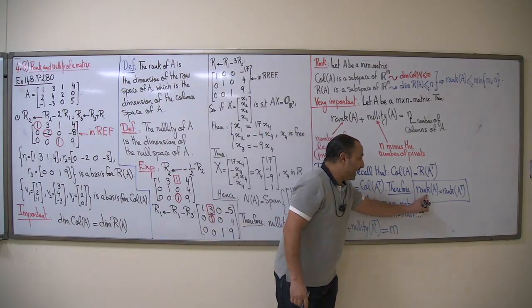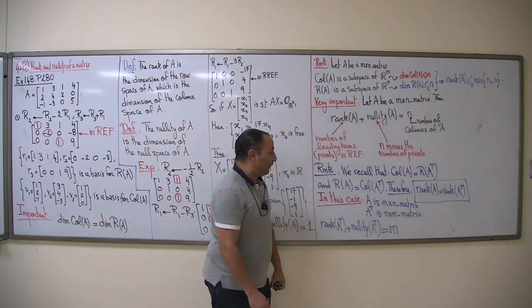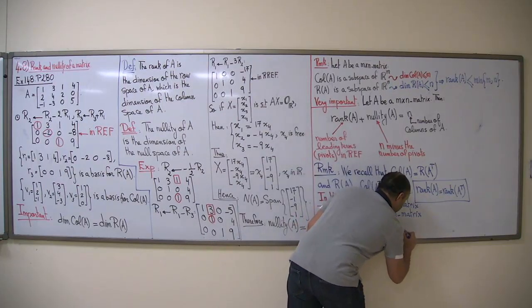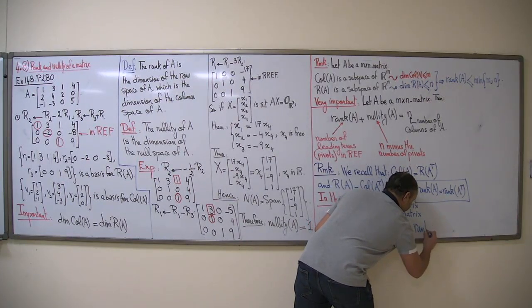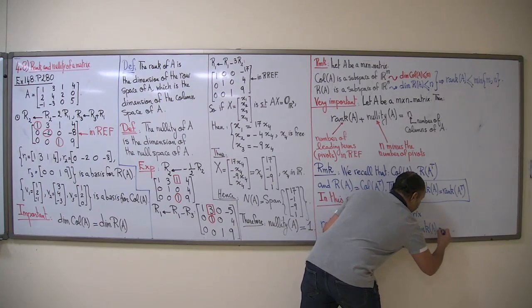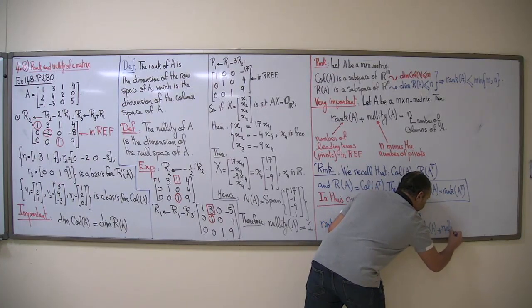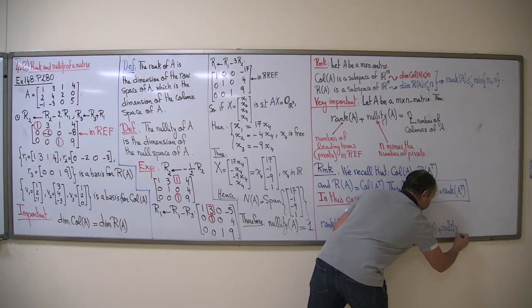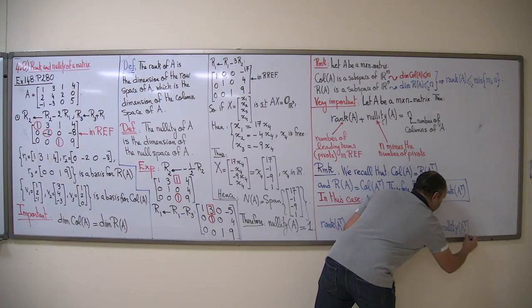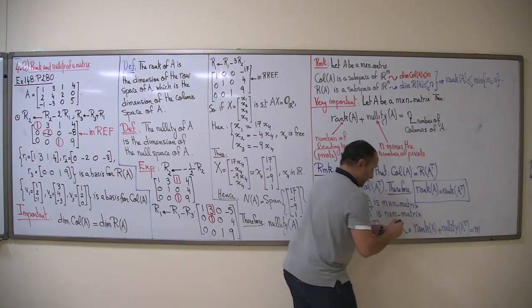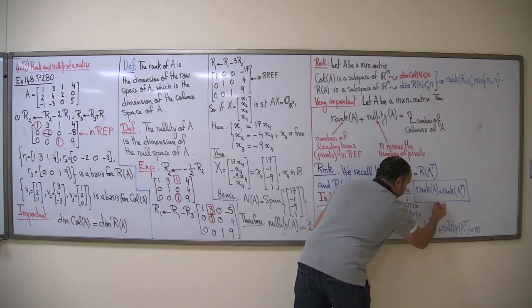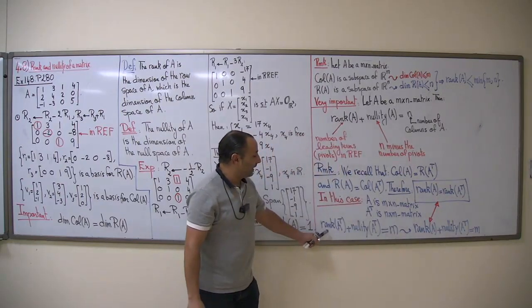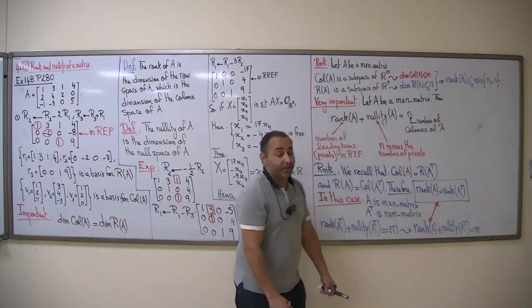But I know that rank of A is equal to rank of A transpose. So this is going to give me that rank of A plus nullity of A transpose is equal to M. And here I use this one: I replace the rank of A transpose by rank of A because they are equal to each other.